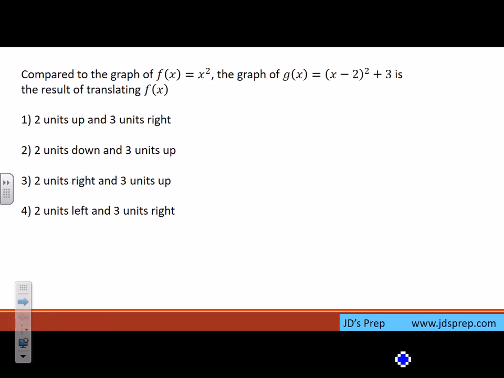For these translations, the things that are causing the graph to move are the numbers being added to or subtracted from the x and the overall square. Since the negative 2 is happening directly to the x on the inside of the square, this is causing a translation in the x direction, which is left or right.